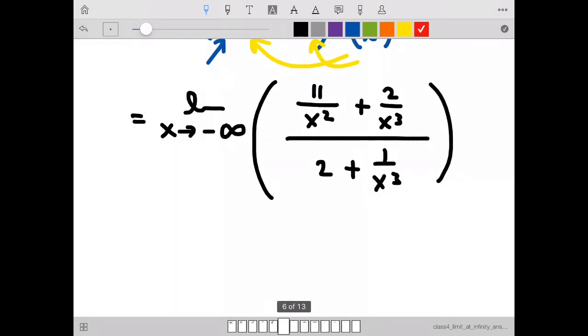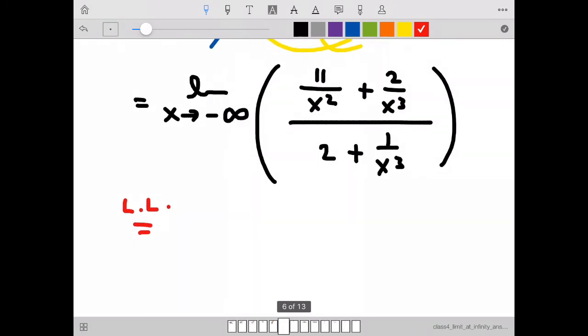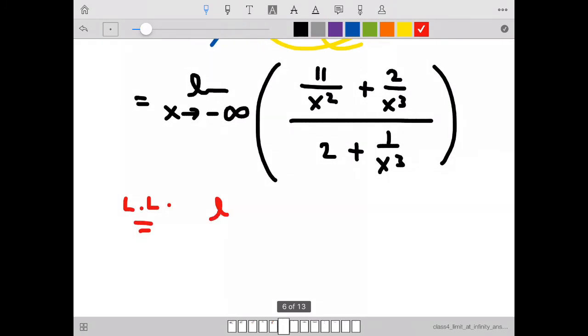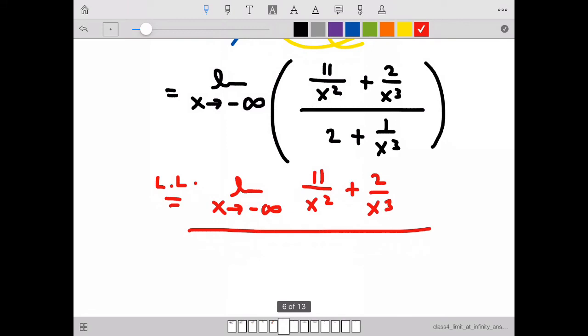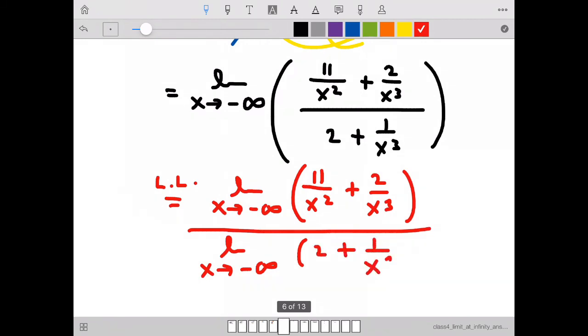Now we can apply limit law because top and bottom have finite limits. So by limit law, limit of the quotient is quotient of the limits, all over limit x approaches minus infinity 2 plus 1 over x cubed.